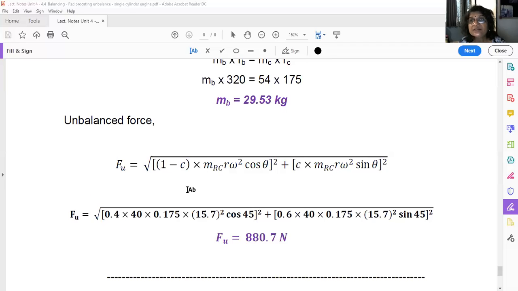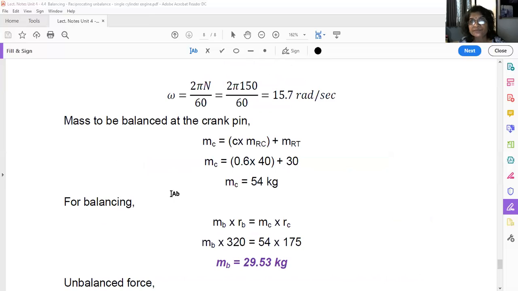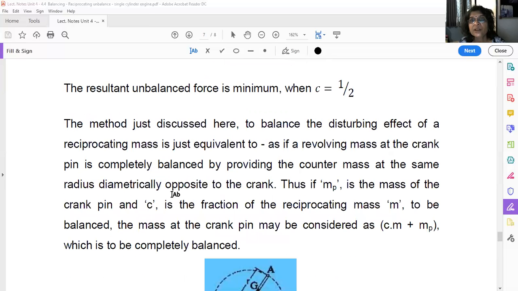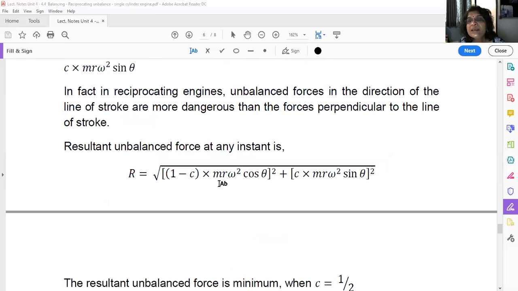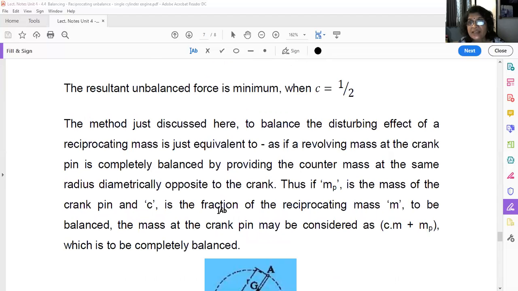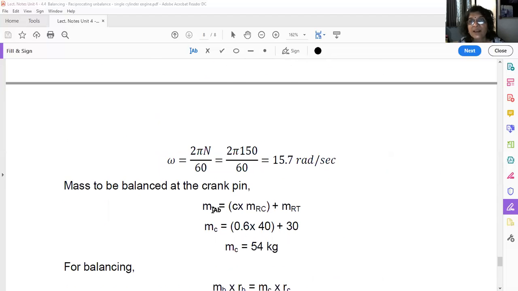Only the thing is that, the same formula we have used here, only instead of this M, I have called it the reciprocating mass. Here also reciprocating mass, because that is only going to create the unbalance.